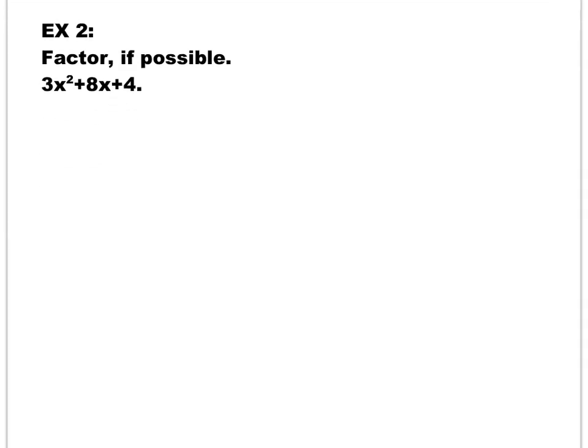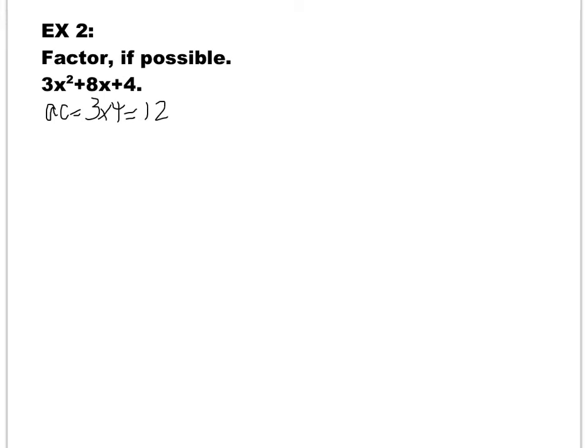The question is: factor 3x² plus 8x plus 4. Again, there is no common factor between 3, 8, and 4, and the leading coefficient is other than 1, so we can't use the sum and product method. So I'm going to find AC, which is 3 times 4, which is 12.